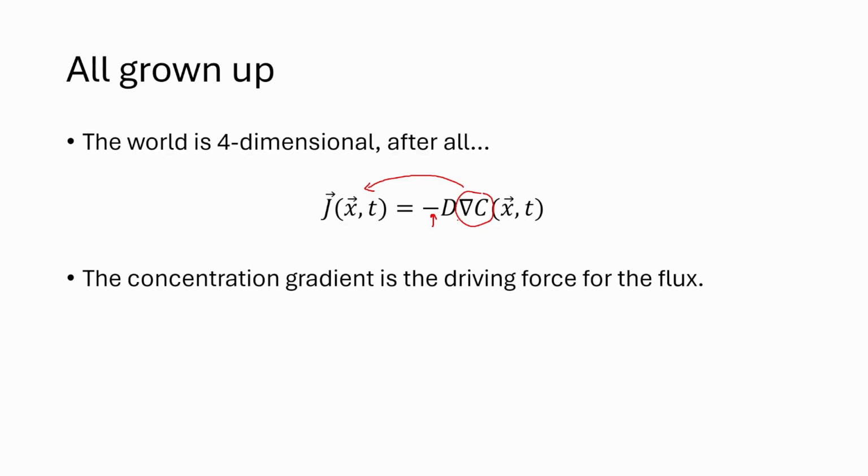And so if you have a lot of molecules in one place and they're all moving and bouncing and bumping into each other, having their little molecule party, what's naturally going to happen is that if they're moving around randomly, which is what heat is, random motion, then they're going to tend to end up in places that used to have less concentration. And they are going to tend to move away from places that had originally higher concentrations. So thinking about the movement of the molecules themselves and what happens when stuff is moving and bouncing around and when particles are bumping into each other, that leads you to the same conclusion.